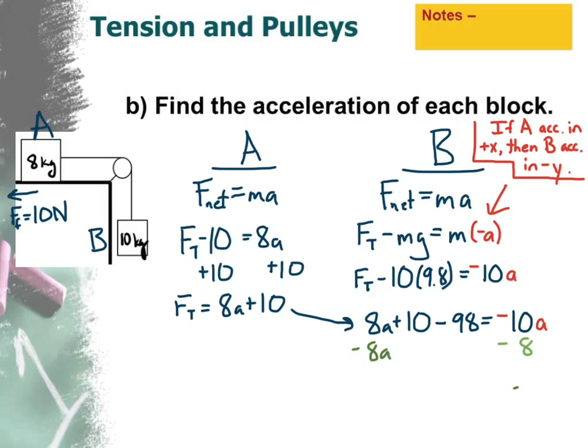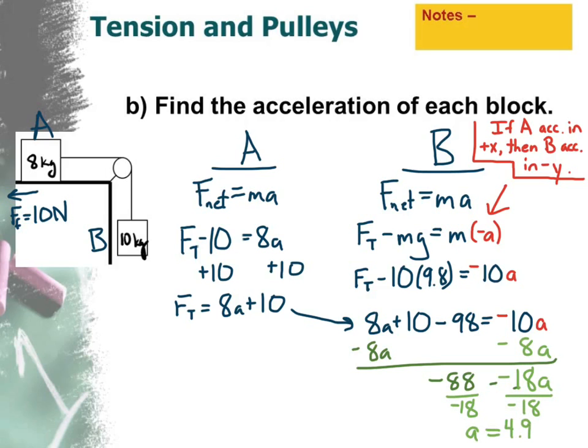When I do that, I get negative 88, because that is equal to 10 minus 98, so that's how I got negative 88 here. And then negative 10a minus 8a equals negative 18a. So I divide both sides by negative 18, and I get a equals 4.9 meters per second squared. Okay.